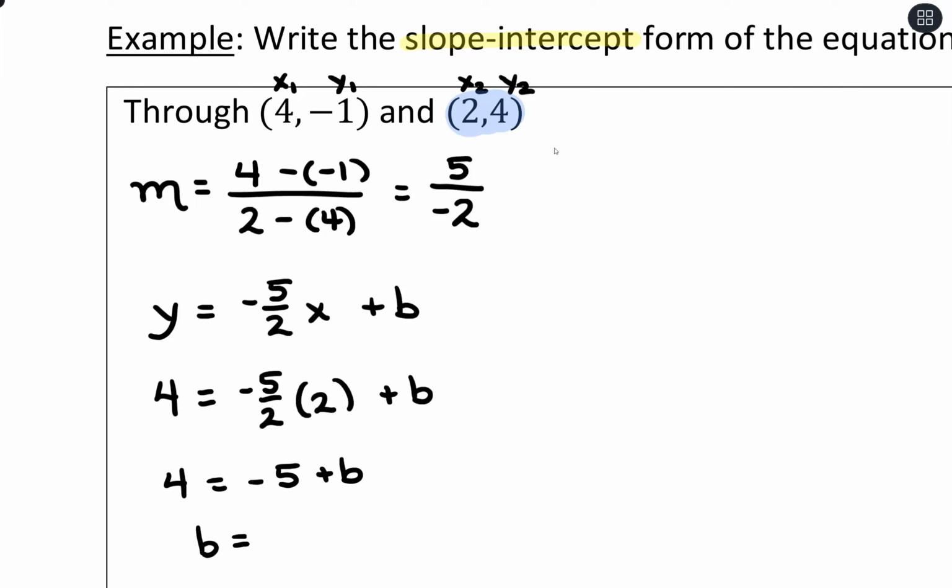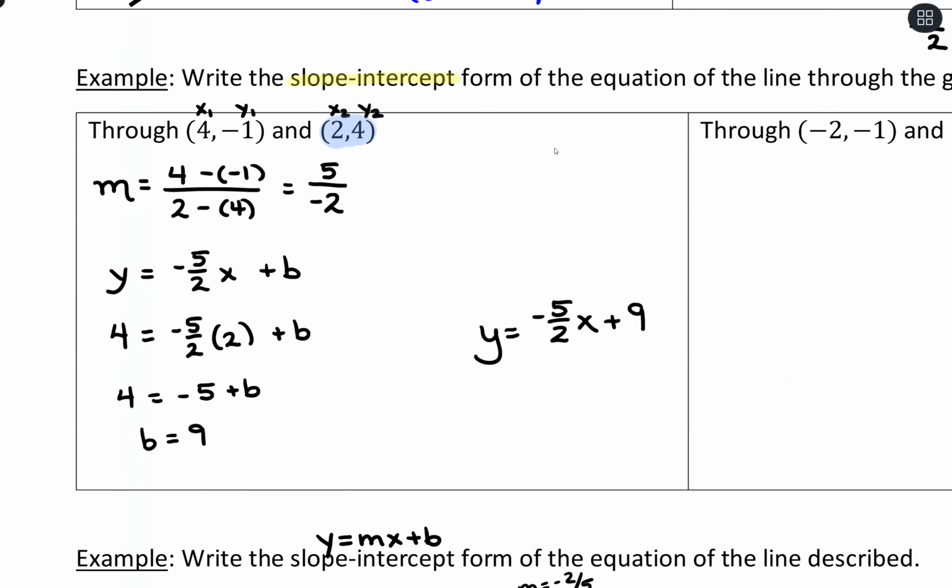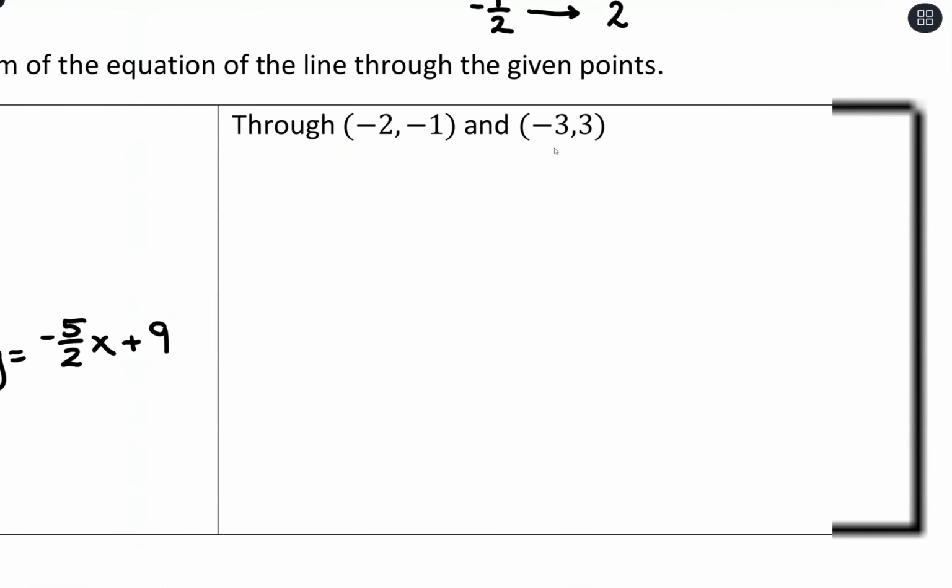So b is going to be equal to 4 plus 5, which is 9. So our equation is going to be y equals negative 5/2 x plus 9. Again, you could graph it in Desmos and double check that that equation of the line does in fact go through those two coordinates. And let's do one more example here.